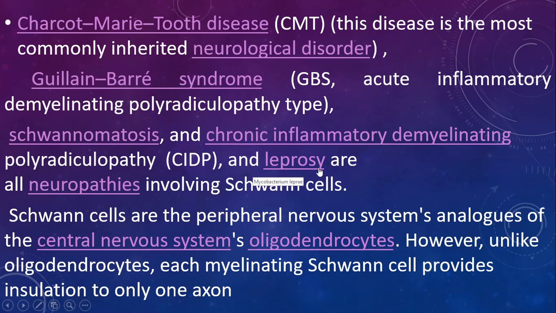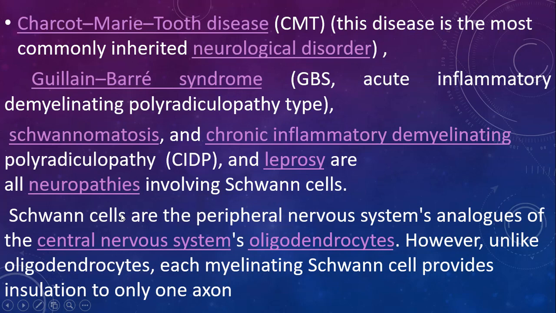And leprosy. All of these, i.e. Charcot-Marie-Tooth disease, Guillain-Barré syndrome, schwannomatosis, and the chronic inflammatory demyelinating polyradiculopathy and leprosy, are all neuropathies involving Schwann cells.